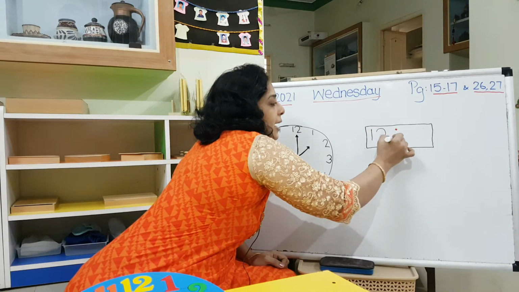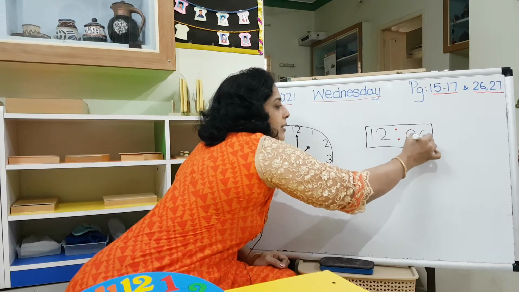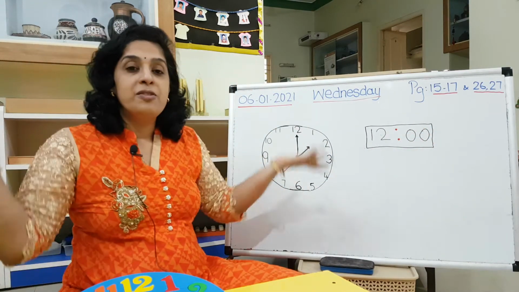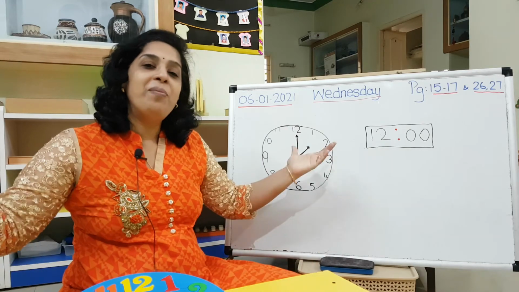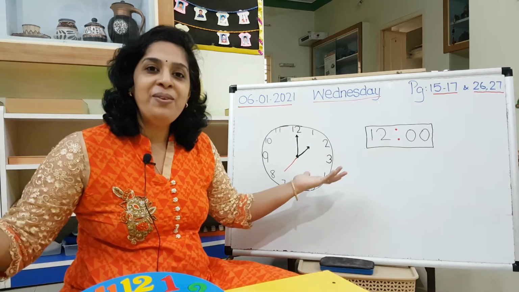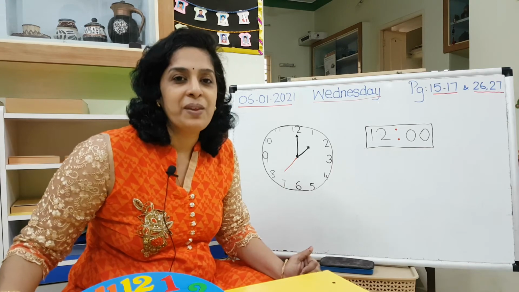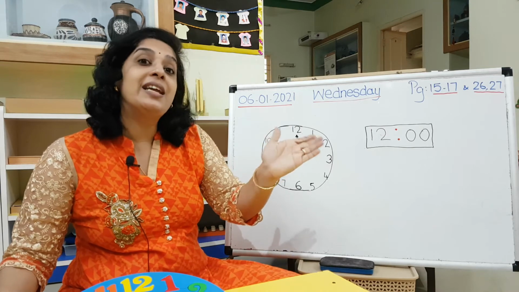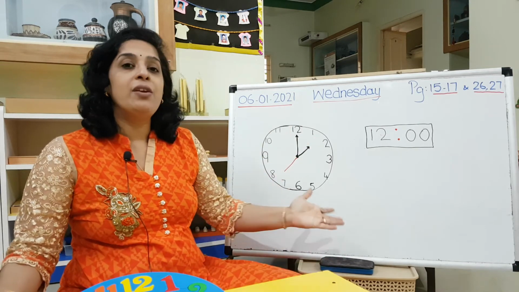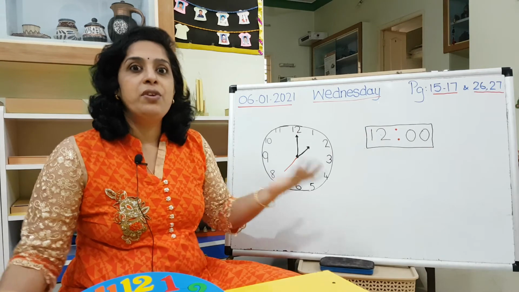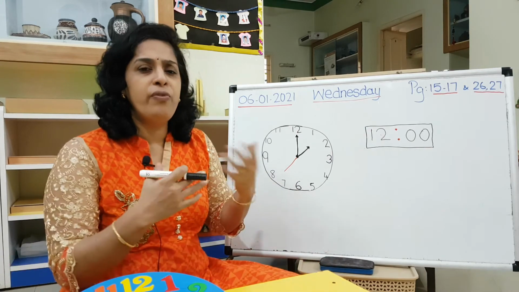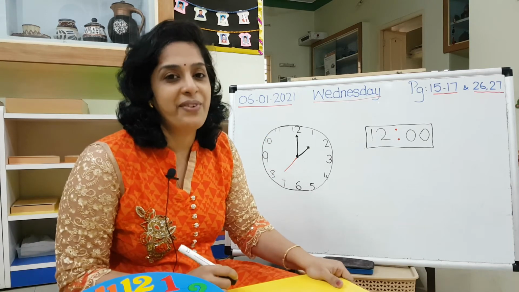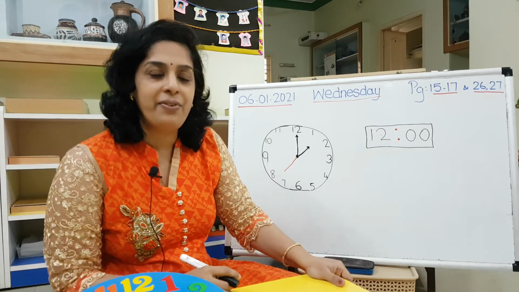On New Year's Day, if the time showed like this, you would have heard the crackers bursting, and everybody will be wishing each other Happy New Year, because New Year starts at midnight. The next day will start. So January 1st starts in the middle of the night, and we wish everyone Happy New Year. All phone messages will start beeping. Ting tong, ting tong. All the messages will come from friends, and you'll greet your friends and family.